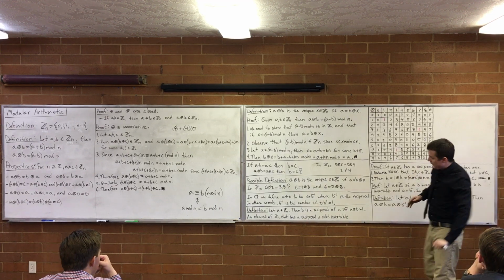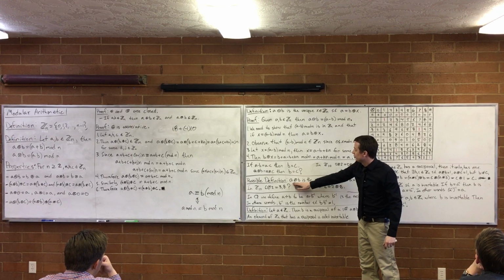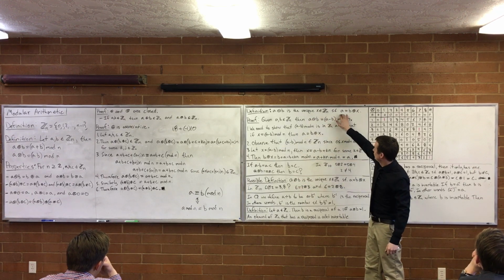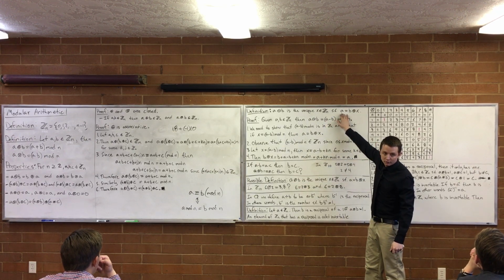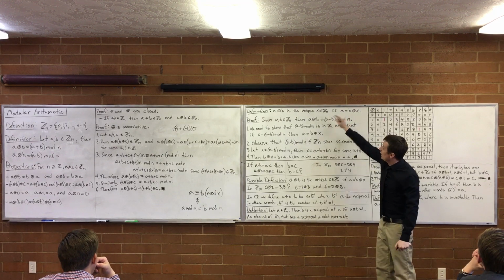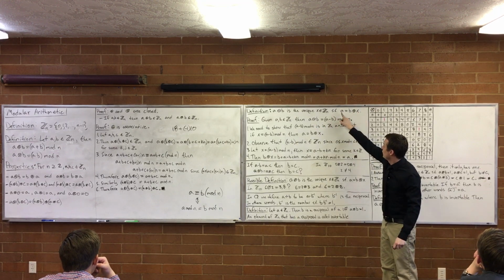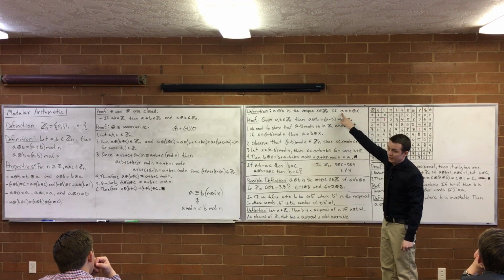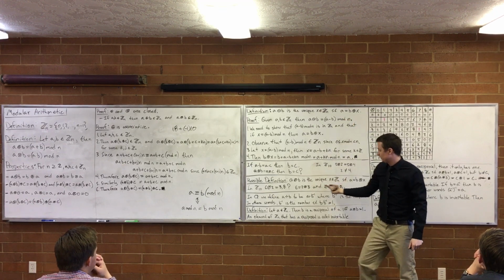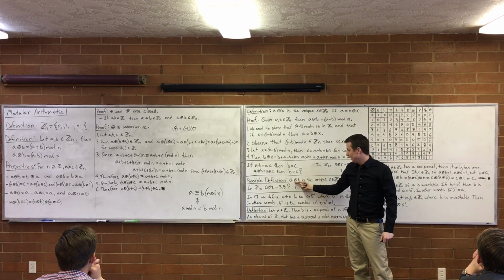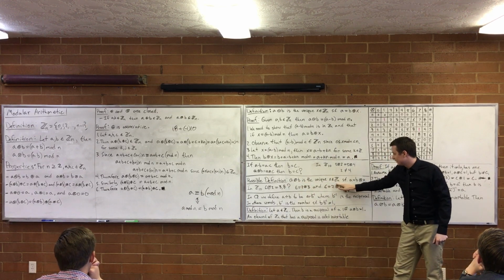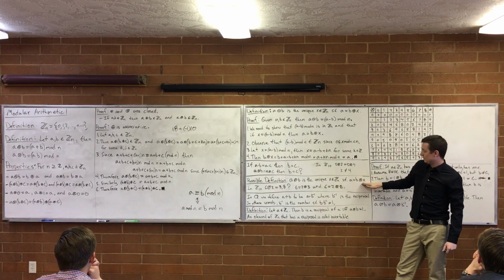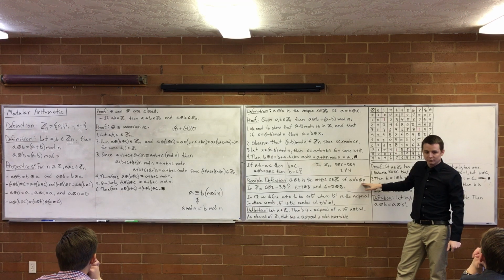So maybe we try to define division like we defined subtraction. If we define a minus b to be the x that makes b plus x equal to a, maybe we can do a similar thing with division. Maybe a divided by b is the unique x in Zn such that a is equal to b times x.